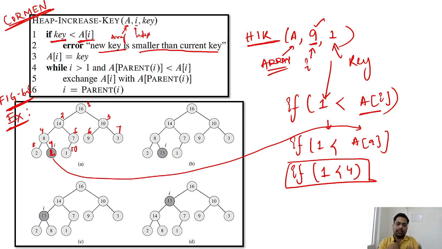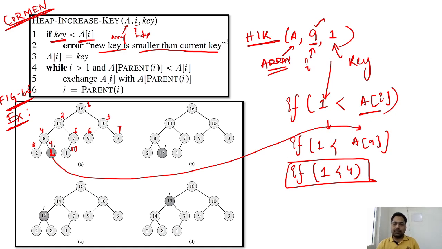The else condition will run, like if the key could be greater than A of I, in that case what we'll be doing, in that case also we'll discuss. This is there in the example, but what we discussed right now is that we're keeping 1 as a key. That is not written. That's why we discussed on a broader part, like when we will do the increment or decrement. The key will be incremented if the key value is greater than the current value.